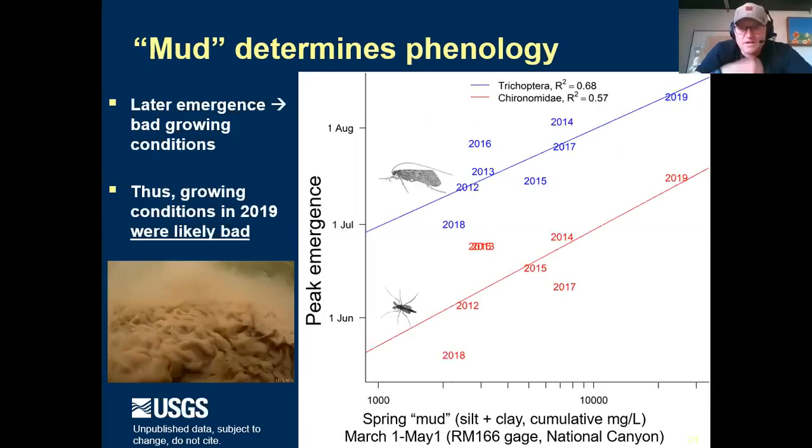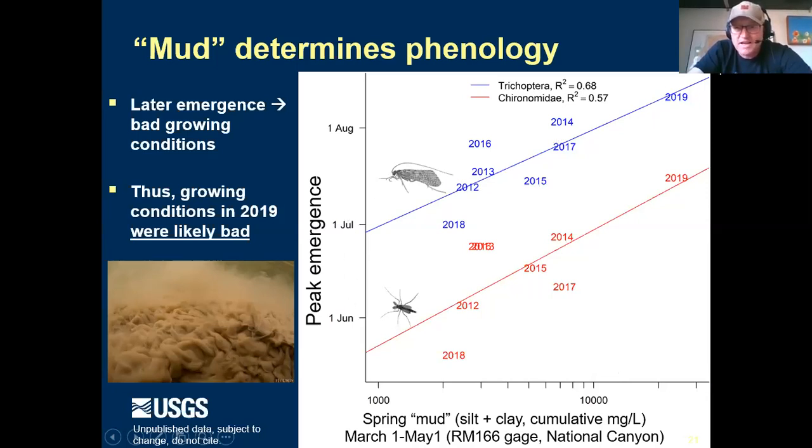But if we look at the mud, how muddy was it over the spring? That's what's shown on this graph. So this x-axis represents how much mud cumulatively was in the river during the spring down at National. And this is a logarithmic scale, right? So in 2018, it was super clear conditions. We saw really early emergence.